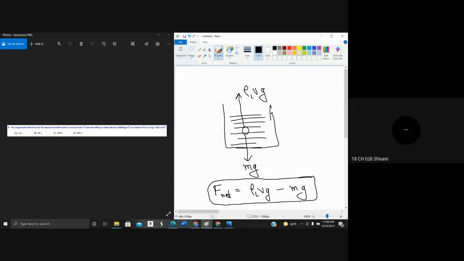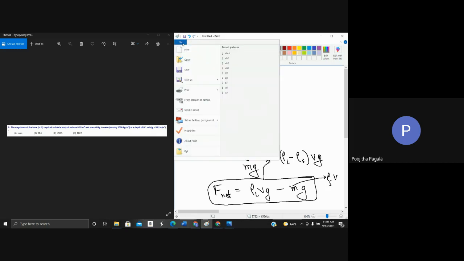Yes, Anna. Okay. So దీన్ని sometimes ఇంకొంచెం modify చేసి you can write this as M అంటే ఏంటి? M is nothing but rho solid into V కదా. Density of the solid into V. So this can be written as rho L minus rho S into Vg. Okay.